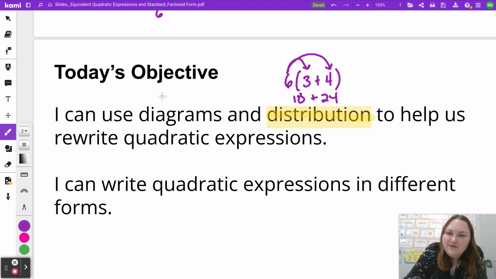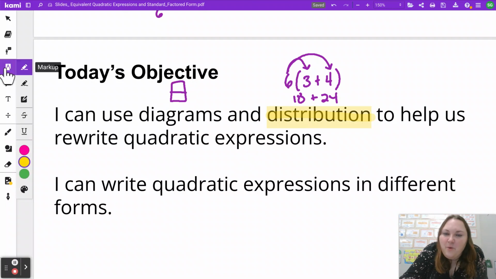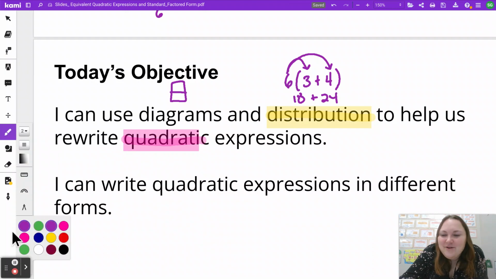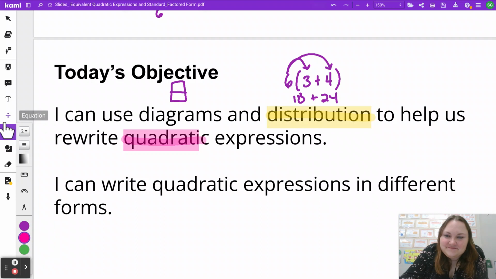So we're going to use diagrams like that one above with area and distribution to help us rewrite quadratic expressions. This word quadratic is super important because it is the name of this entire unit. What is a quadratic? There's a lot of different pieces to that definition, but the one we've spent a lot of time talking about so far is that a quadratic expression is any expression that has a variable multiplied by itself in it.